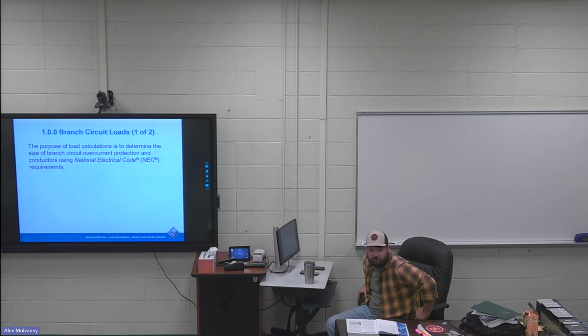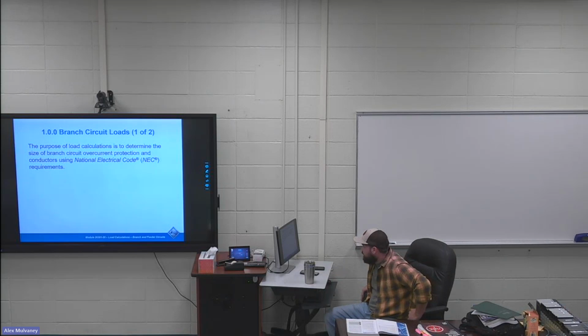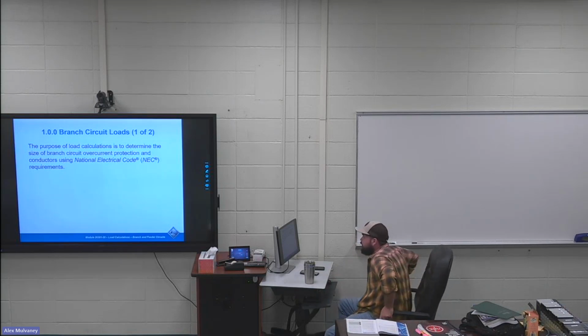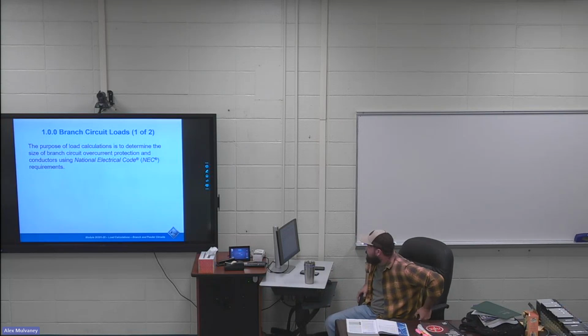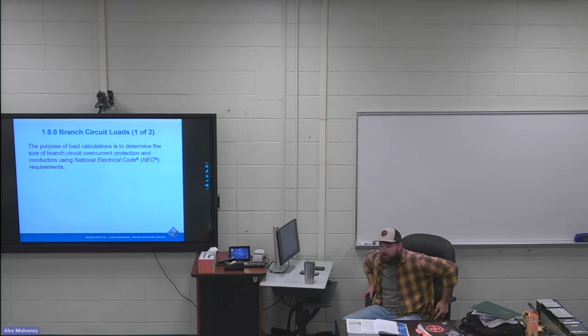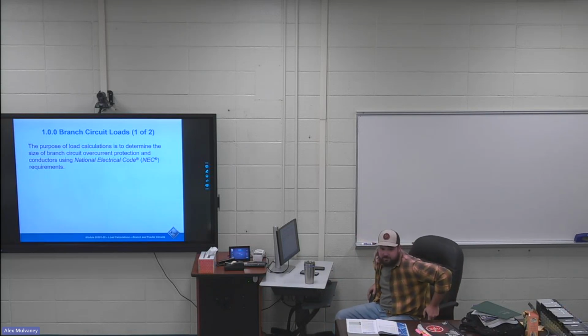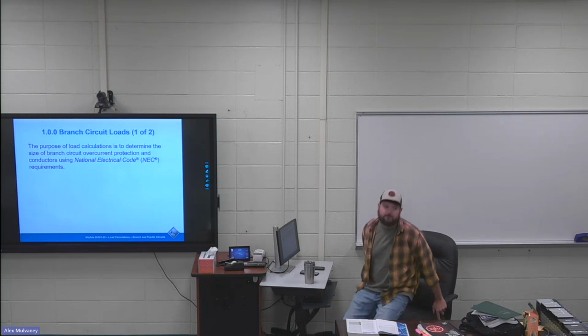So on page 1, first module in the book, 26301-20. The purpose of why we're doing this is to determine the size of branch circuit overcurrent protection and conductors. So what's an overcurrent protective device? What's an example of one?